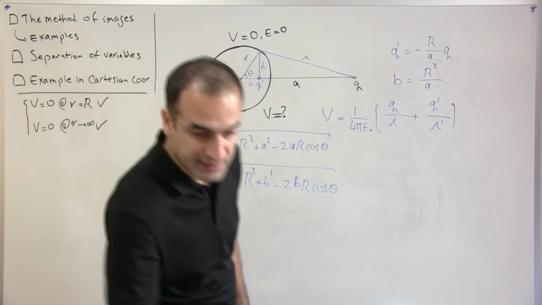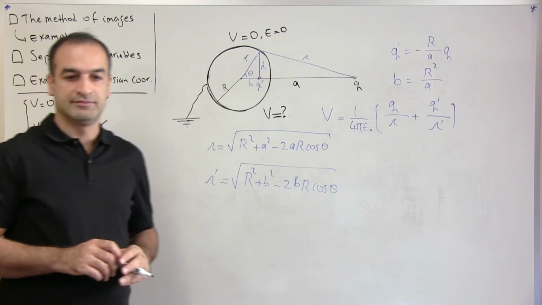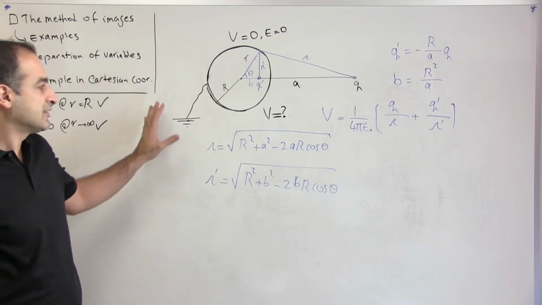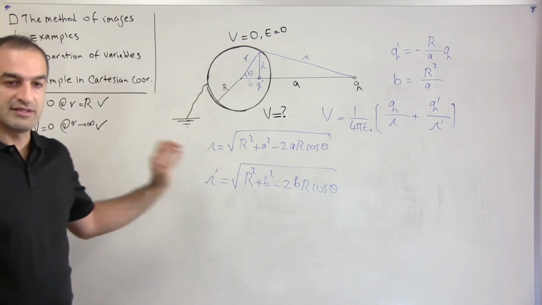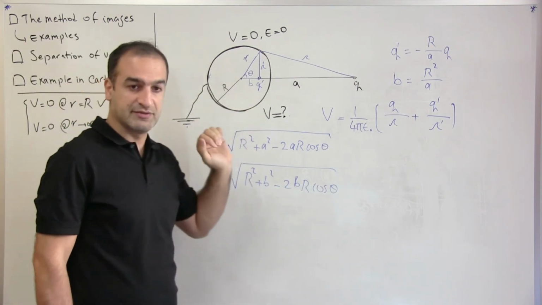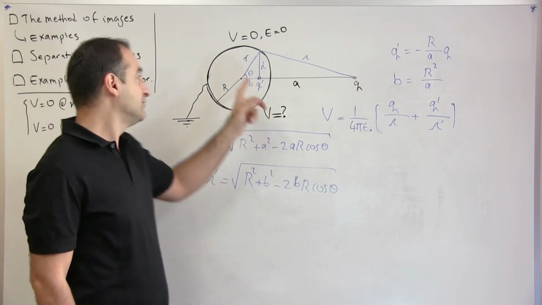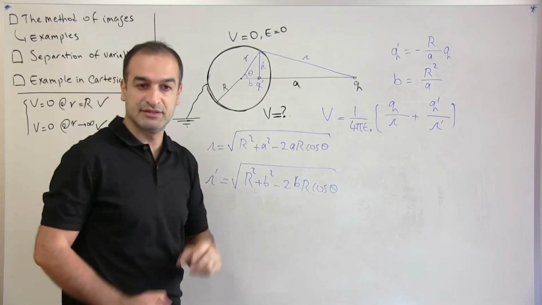Sounds good? Okay, with this, I don't want to go into more details. I'm just giving it to you as an example of how you can find image charge for the sphere. And if there's no question, we can move on to the next topic, which is separation of variables.